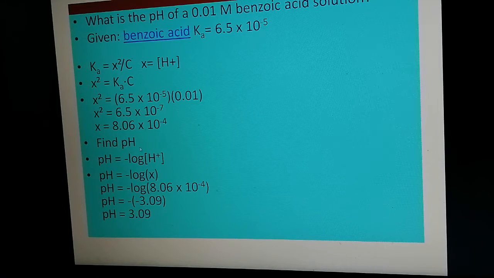Now to find pH, we have the equation pH is equal to minus log to the base 10 of the H plus ion concentration. You can use the calculator to find this value. Your pH is 3.09. If they ask you to find pOH, pOH will be 14 minus pH.